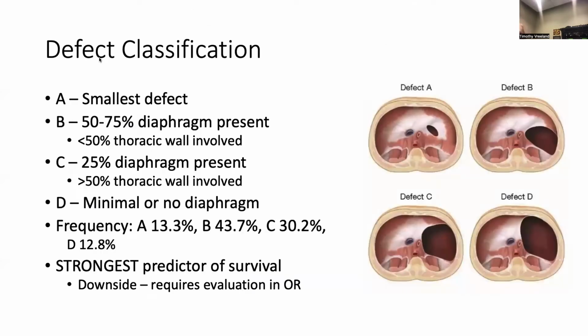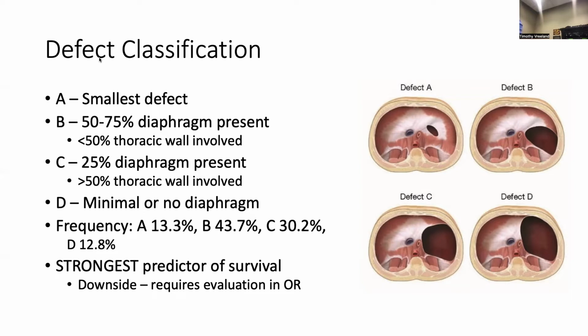Defect classification. We'll talk a little bit about prenatal measurements. The classification is extremely important, but as my last bullet says, you can only really classify the defect at the time of surgery.